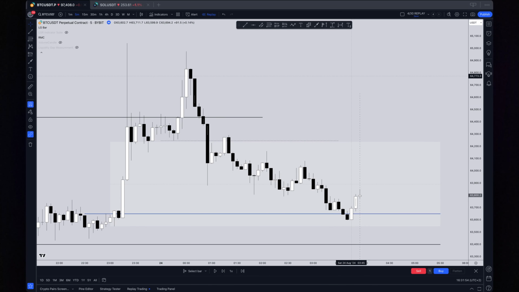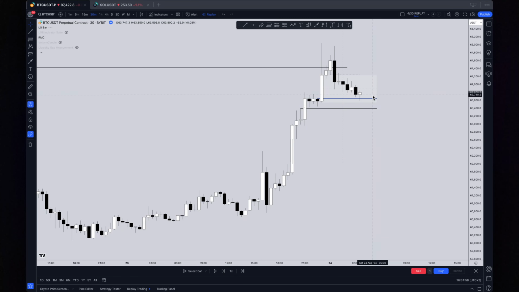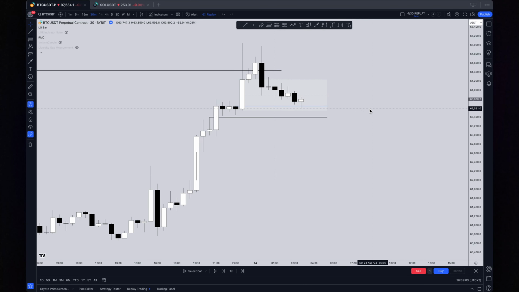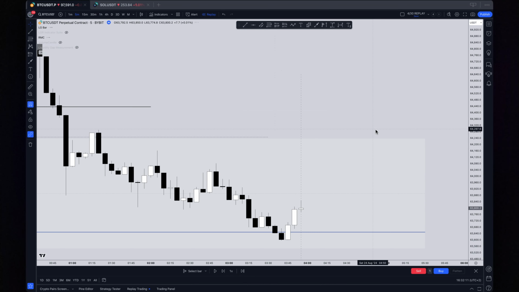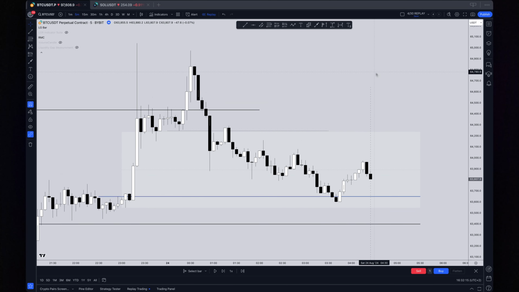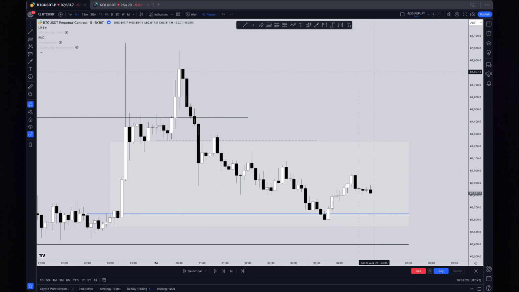Okay, so we filled the level here on the 30. Again, I'll keep looking. Okay, rejection at the EQ, so that's some aggregation to the upside, or we're moving back up.